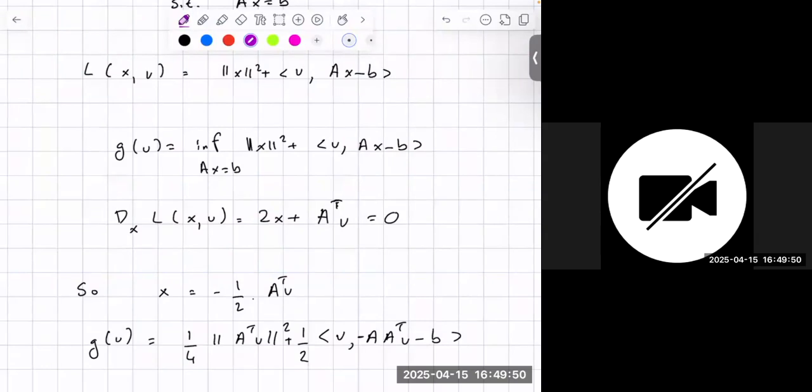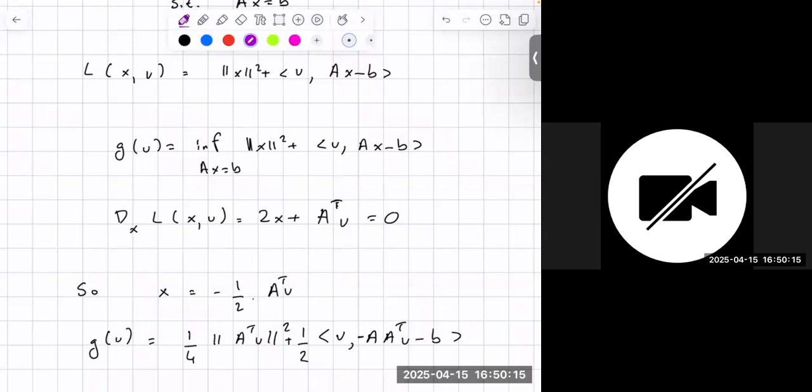Okay. Now, how are you going to optimize this guy? Well, if you're trying to take the infimum, that means the gradient has got to be 0. You take the gradient, you work through. Okay, so g(v), let me go slow, is by definition the infimum of the stuff on the right-hand side.